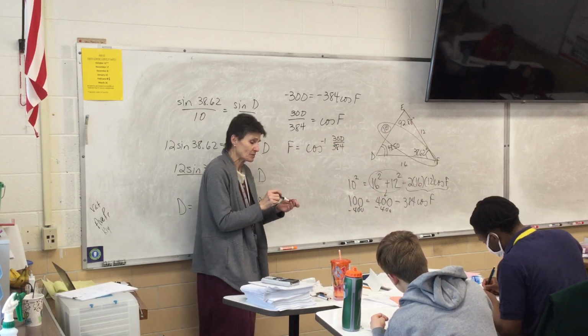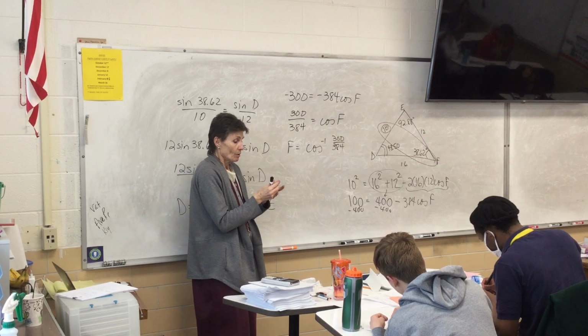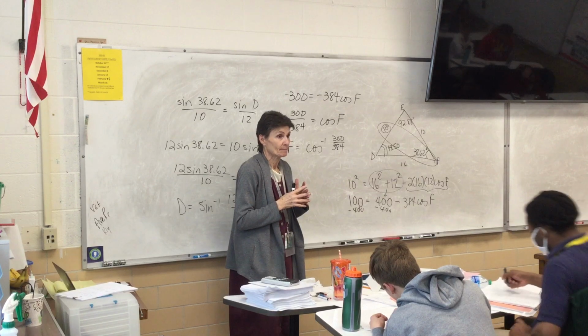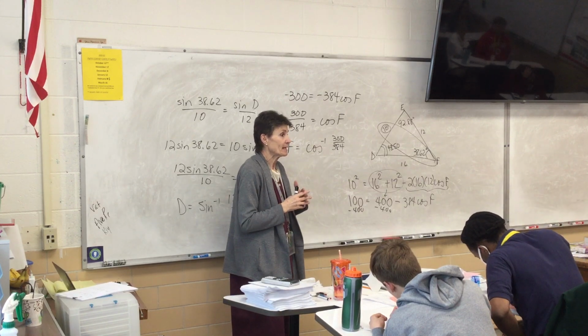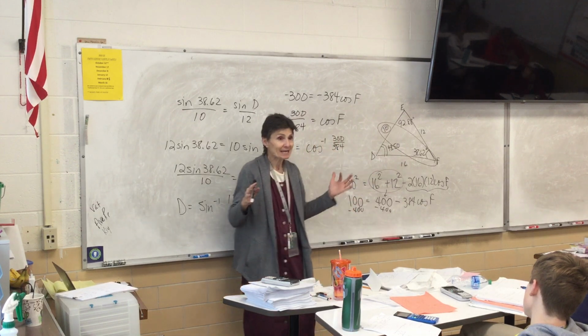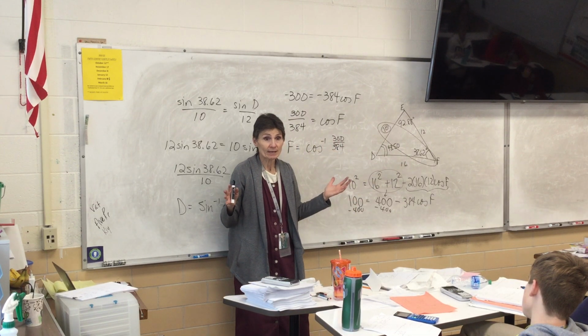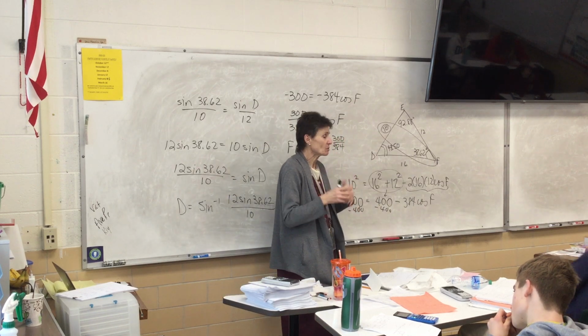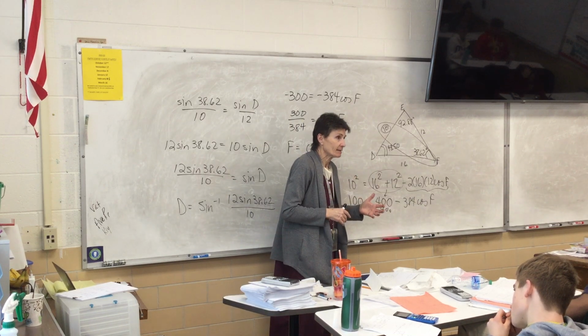Now, let's talk about this. I think I talked about it yesterday. This problem was full of individual choices. First, right from the very beginning, somebody said, let's find angle F. We could have found any angle first, right? Any angle. But somebody said, let's find F first. Okay, so we found F first. Not Zeke.